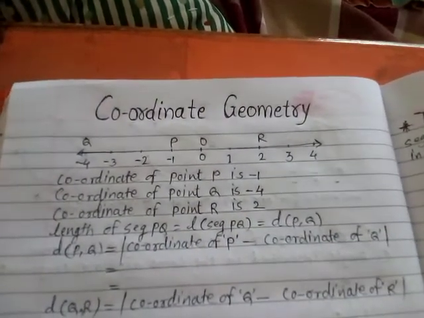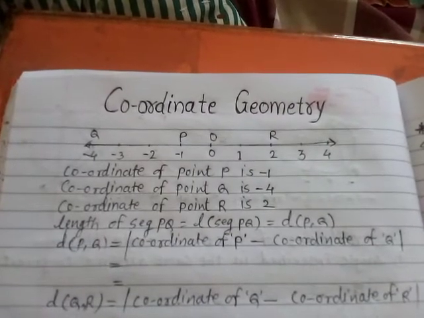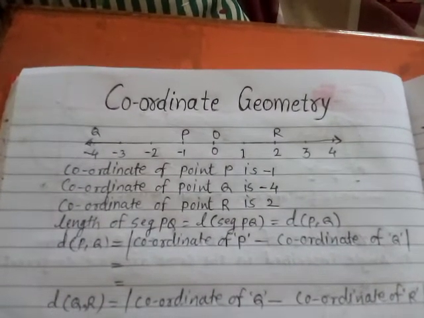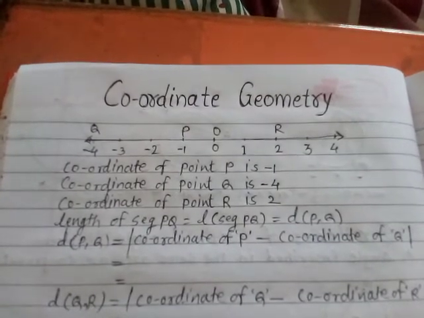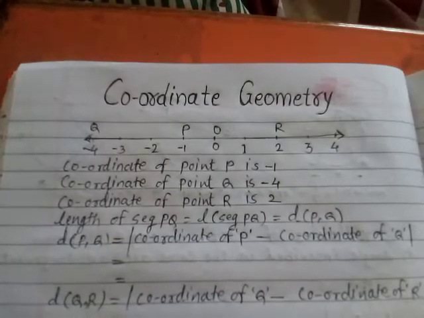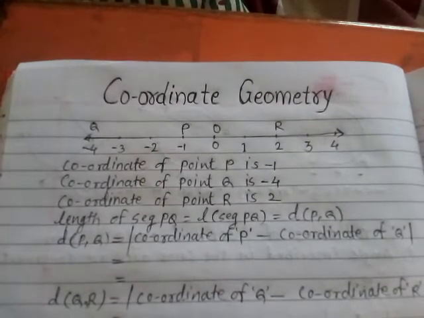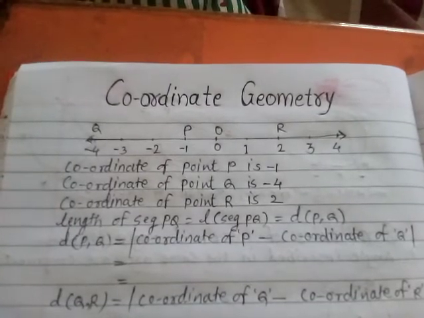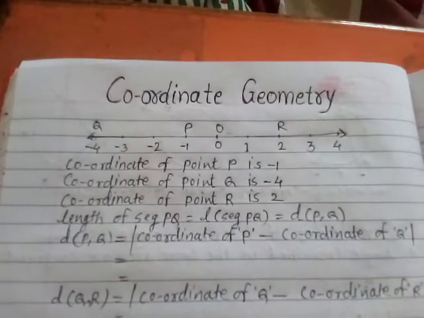Okay, in ninth standard, we studied the distance between two given points on a number line. Now consider points P and Q. The segment joining these two points is segment PQ. How do we calculate the length of segment PQ?